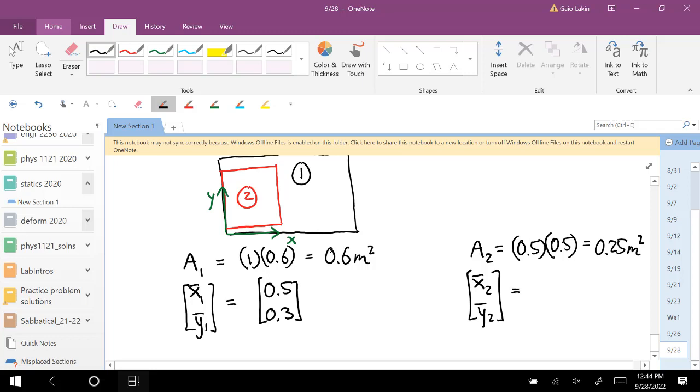That's just 0.25. For Y, we have to be a little careful because the bottom of that square isn't on the x-axis. This is up 0.05 meters. So it's going to be 0.05 plus the 0.25 to get here. So it's going to be 0.3.